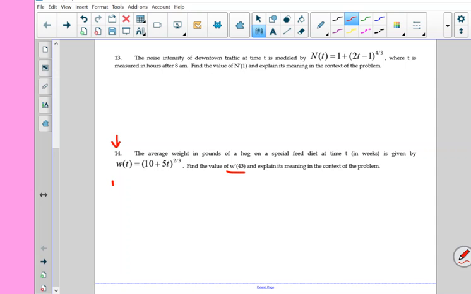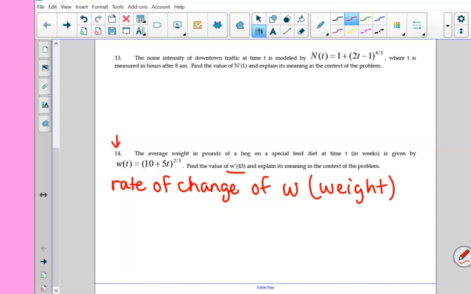W prime of 43 is going to be the rate of change of W. And W in this case is weight in, and I'm going to write Y per X, the units of Y per the units of X. So the units of Y, weight, is in pounds.